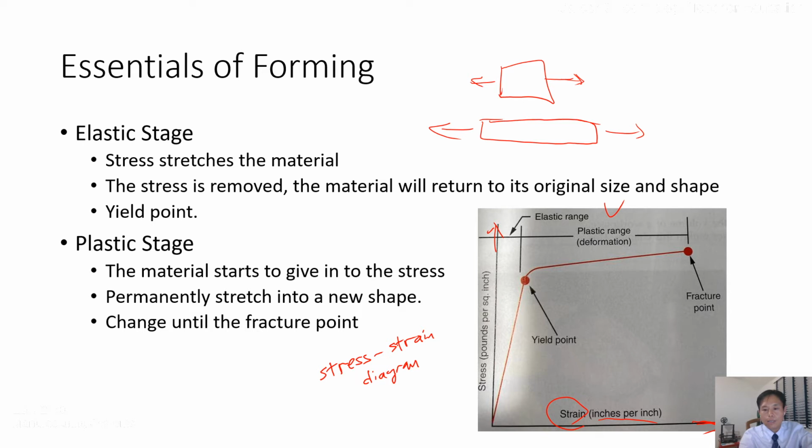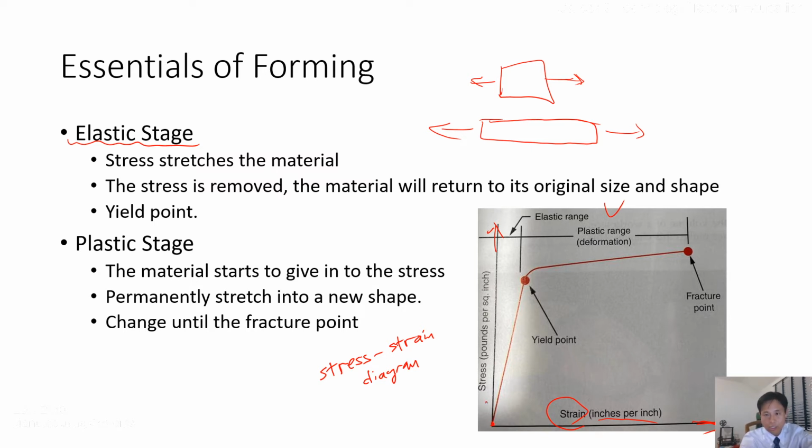In this graph, all materials, particularly metal group materials, have certain ranges. The first one is the elastic range, or elastic stage. At the beginning, we start giving stress to the object.